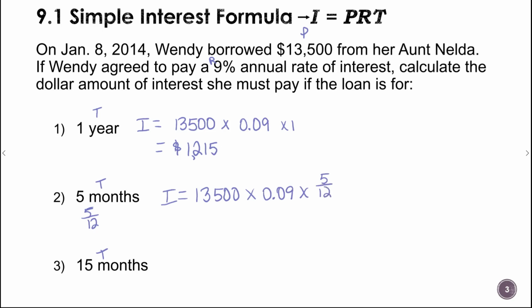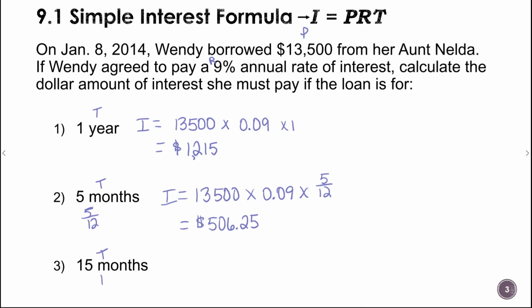And you truly can put it in your calculator just like that. So 13,500 times 0.09 times 5 divided by 12. And hopefully you realize that this number should be less because it's only for 5 months of the year versus 1 full year. So 506.25.